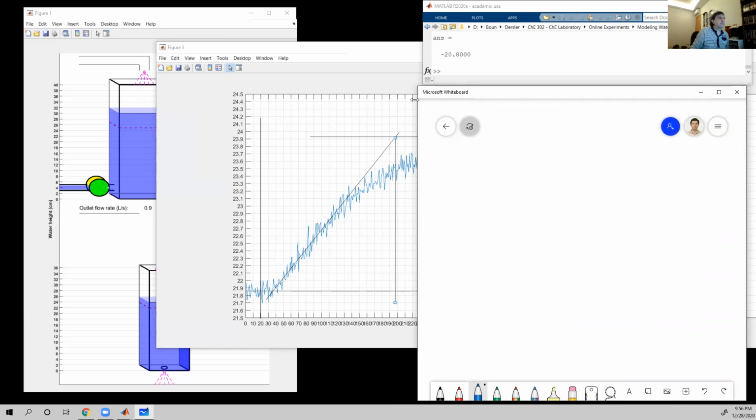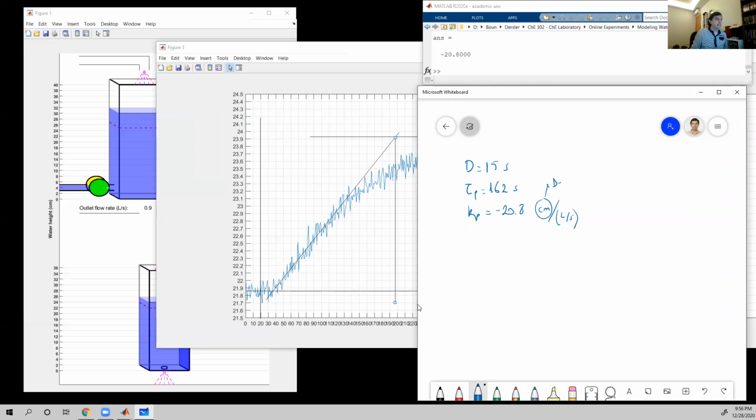So the first process reaction curve test has given us these. Time delay is almost equal to 15 seconds. Have I read this correctly? Yeah, I think time constant is about 162 seconds, and Kp value is about 20.8. The unit is centimeter per liter per second.